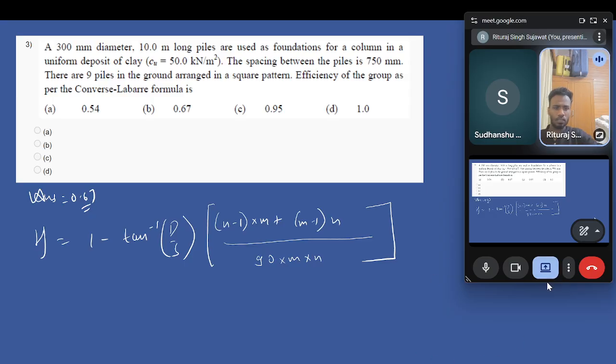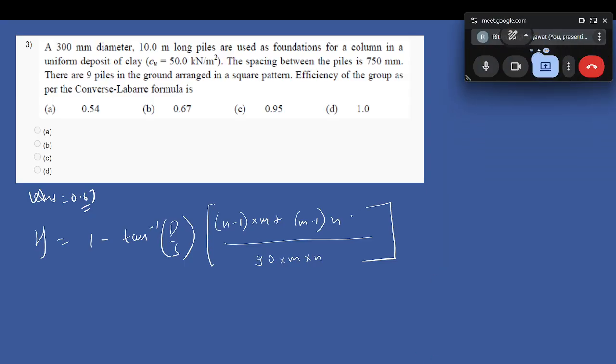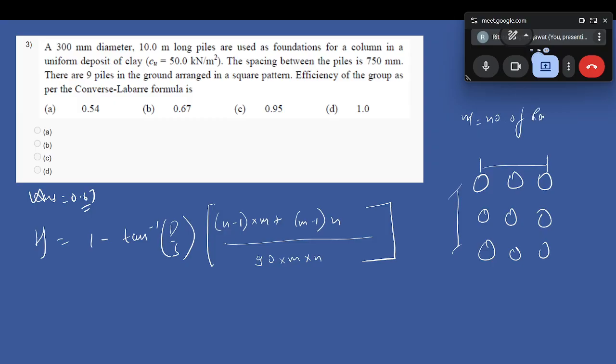So basically, m is 3 and n is 3, where m is the number of rows and n is the number of columns.